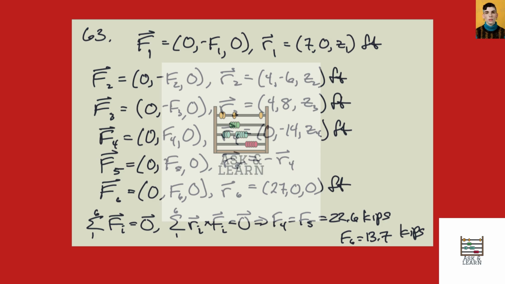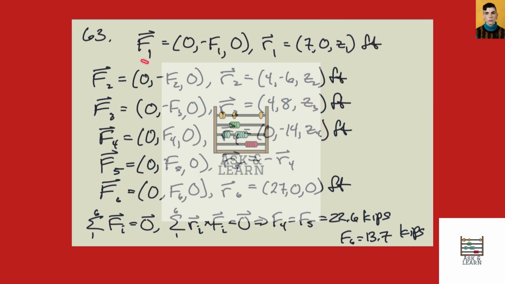We're given a coordinate system, and I'm just going to use that to write my position vectors. Basically, what we see is that the vertical z component of these position vectors is irrelevant, because all of the forces are in the vertical direction. So when we take cross products with the forces, it doesn't matter what these values are.